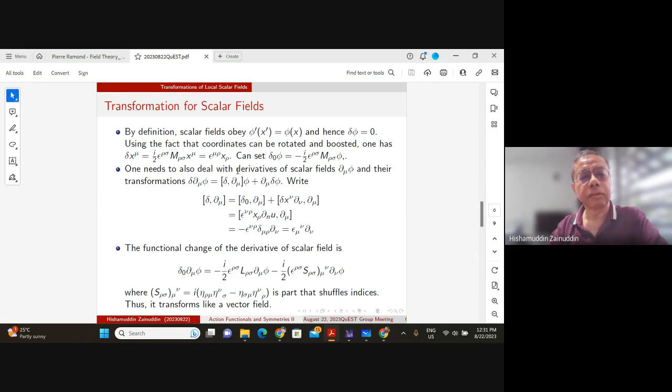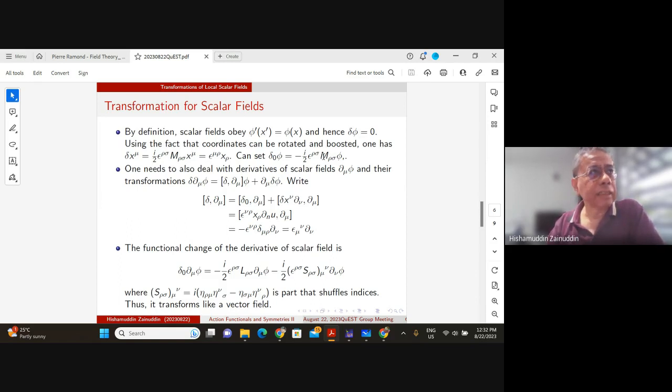You can check that from the previous talk; these have to obey certain algebras and so on. Now one could think that, since your coordinates will transform in this way, your scalars will also depend on that generator. So in other words, the functional change with respect to the scalar field can be determined by this generator.